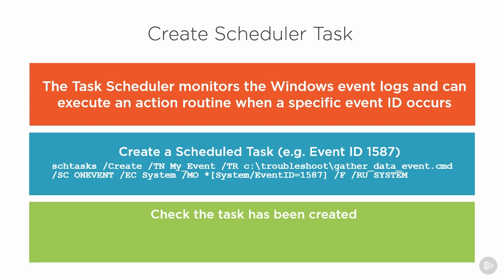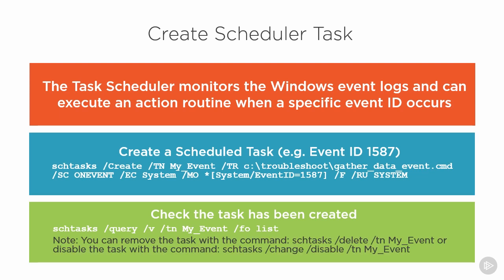Finally, we can check the task that we've just created with the command schtasks /query /v /tn myEvent /fo list. Now I did want to note that, as I previously mentioned with the action routine, you can delete or disable this task so it doesn't rearm itself and fire again unnecessarily.